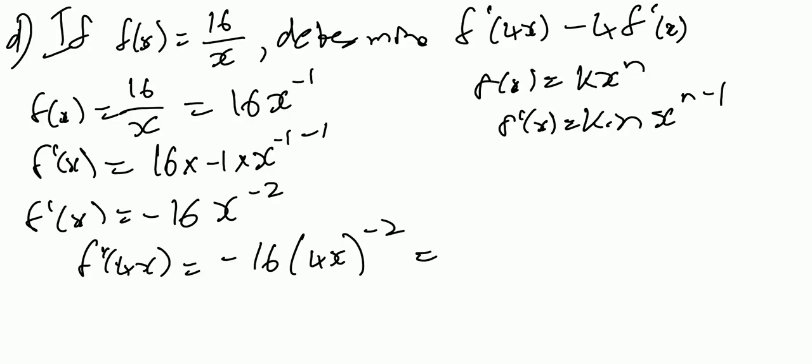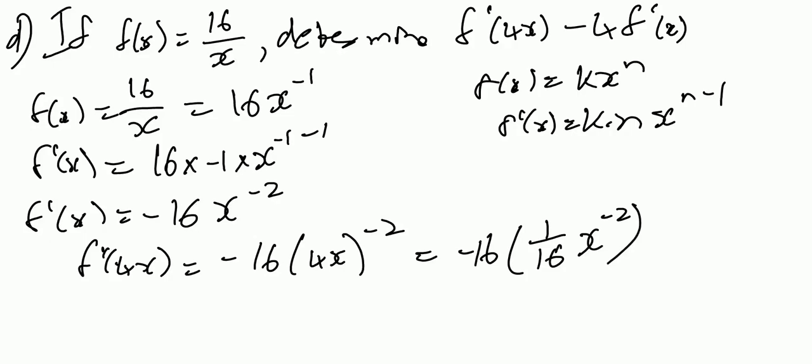We start by solving the exponent. It's minus 16 open bracket 4 to the power negative 2. What is 4 to the power negative 2? 4 to the power negative 2 is 1 over 16, times x to the power negative 2.